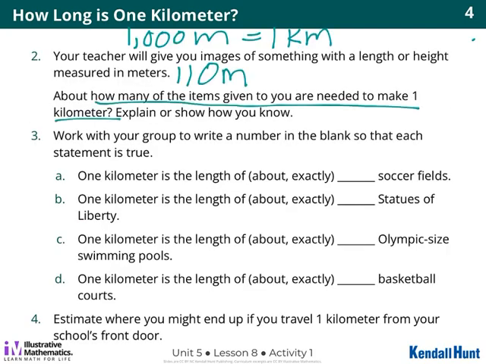Okay, so if I have 1 soccer field, it's 110 meters. So I'm thinking to myself, how many 110s are in 1,000? Wouldn't it be easier to just take the 100 first? How many hundreds are in 1,000? 10. How many tens would we add on there, because it's 110?